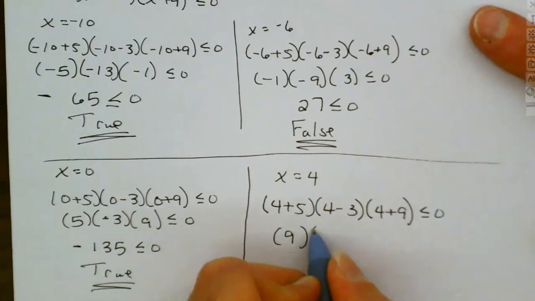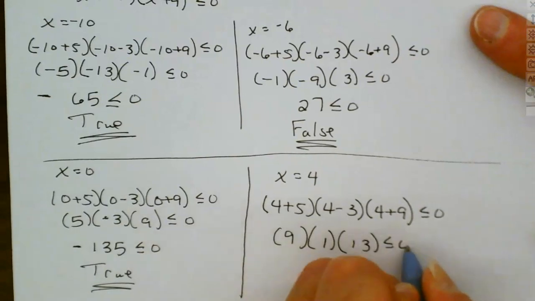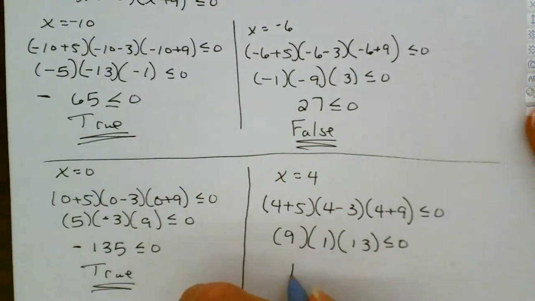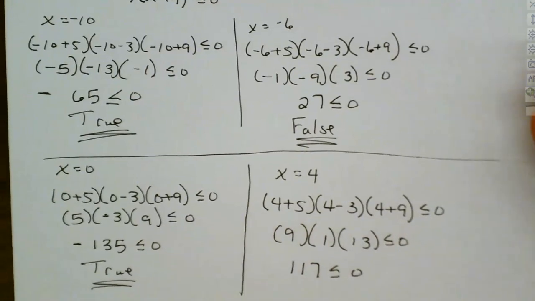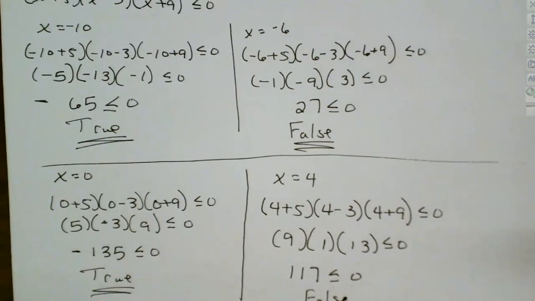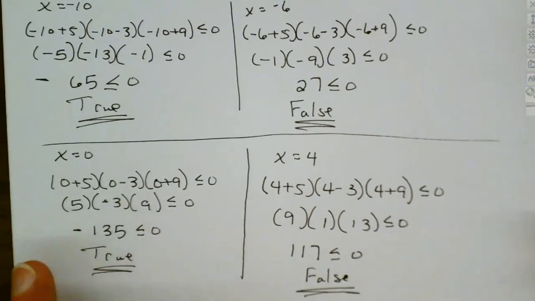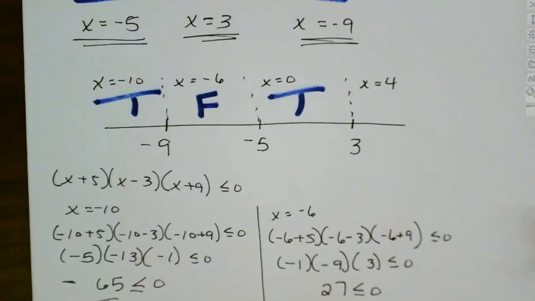So that's 9, 1, and 13. And 9 times your 13 is 117. And is that true or is that false? False again, which we thought it should be, but we have to check. Don't ever just assume. Okay, so that makes that piece now false here.